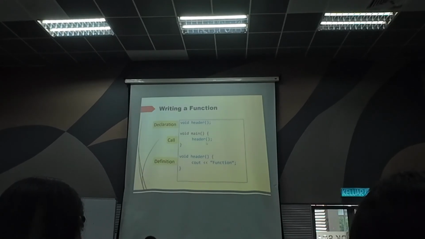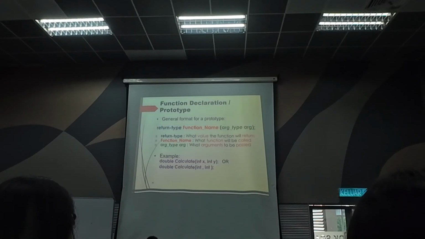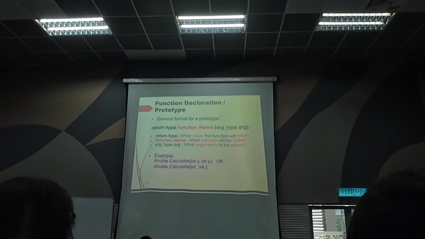Let's take a look at the first one. We call it the function declaration, or you can call it a prototype, or function prototype. The general format for a prototype has 4 elements, and you have to remember them. First is your return type. Next is your function name.